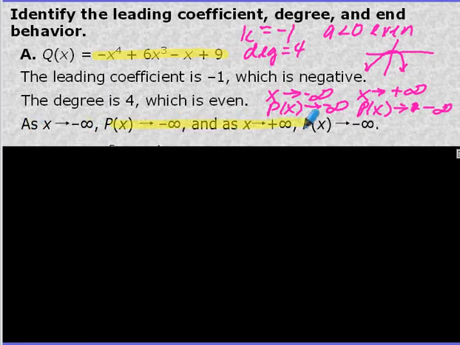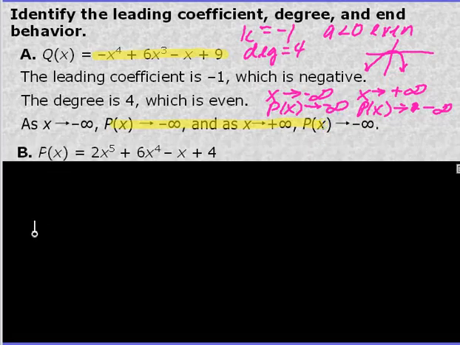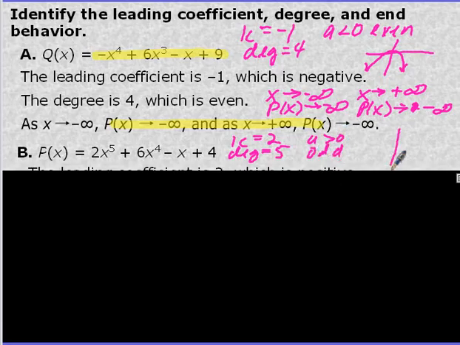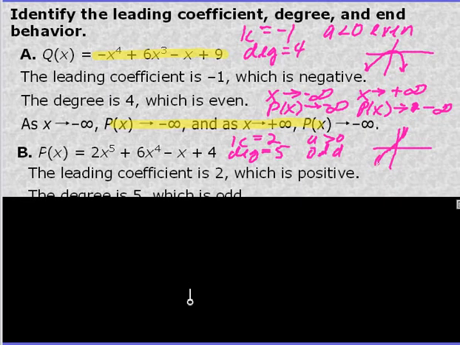All right, next example. So it's in standard form. Our leading coefficient this time is 2. Degree is equal to 5. So we have a leading coefficient greater than 0, odd degree. I remember that graph looks like this squiggle. So as x goes to negative infinity, what's happening to my graph?